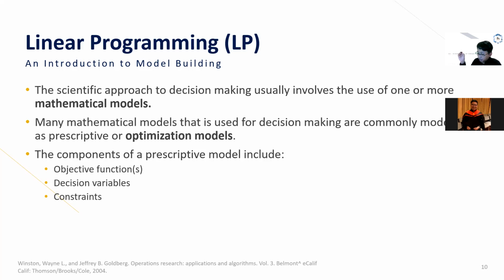It also needs to satisfy some given constraints that appear in the problem. So we can say that the main components of these mathematical models commonly consist of decision variables, objective functions, and constraints. Okay.